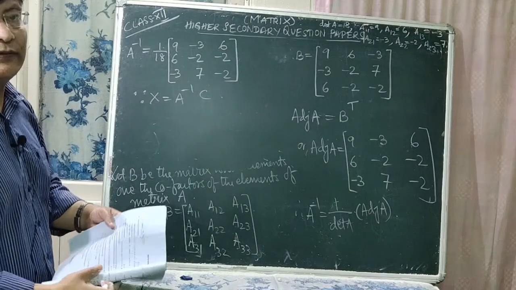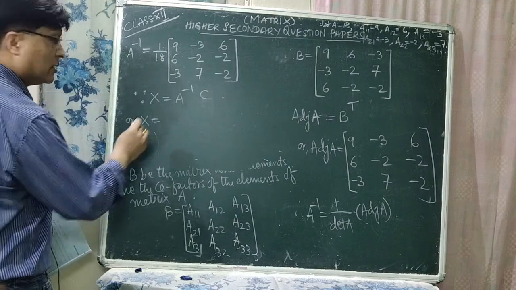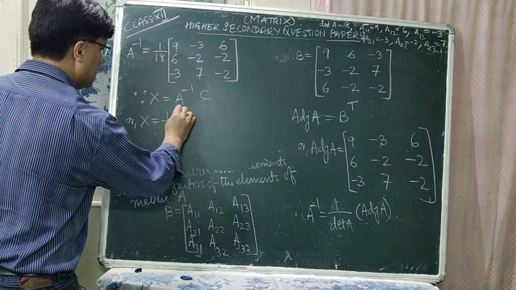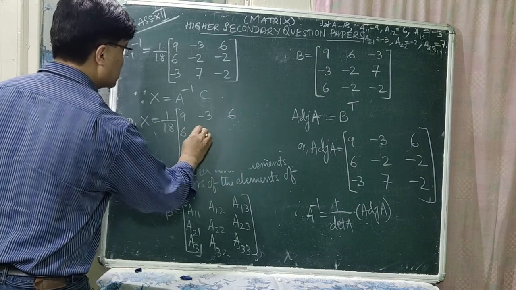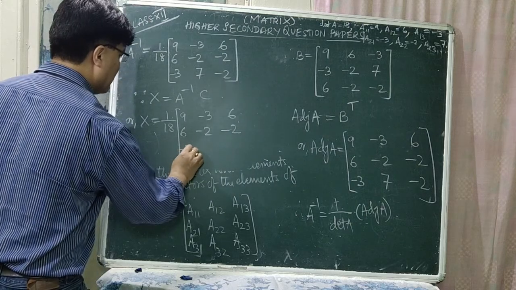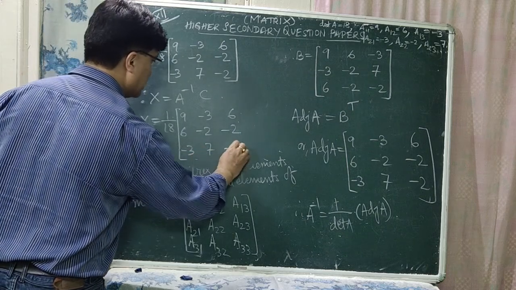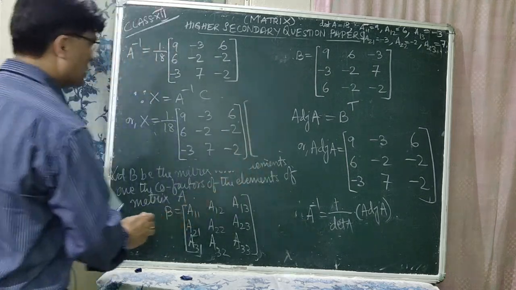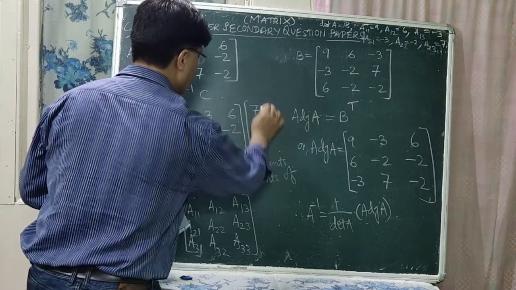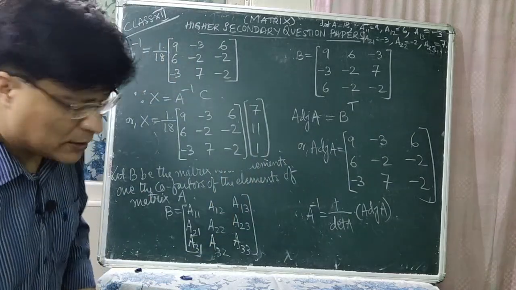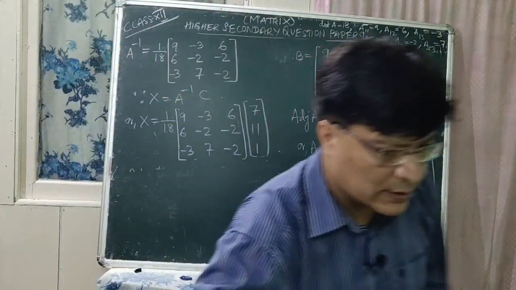Capital X is equal to A inverse, just now we got it: 1 upon 18, and then 9 minus 3, 6, 6 minus 2 minus 2, and minus 3, 7, and minus 2. And what was the constant matrix C? That is 7, 11, 1. I think you have understood it. So you can copy this one. And then we have to simplify it. Okay?